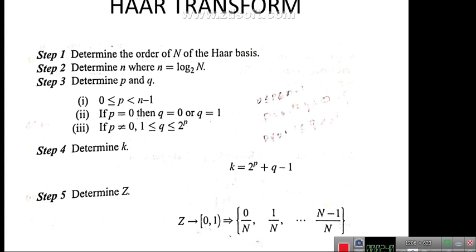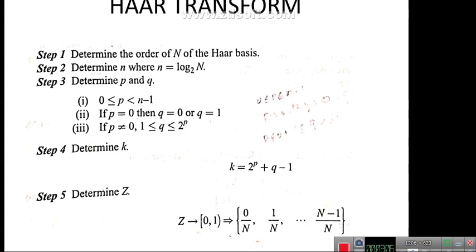Now the Haar transform. The steps for the Haar transform: first determine the order n of the Haar basis, and determine n, where n equal to log base 2 of n. Then determine P and Q. The P value lies between 0 less than or equal to P and less than n minus 1. In the second case, if P equal to 0, then Q is equal to 0 or Q equal to 1.